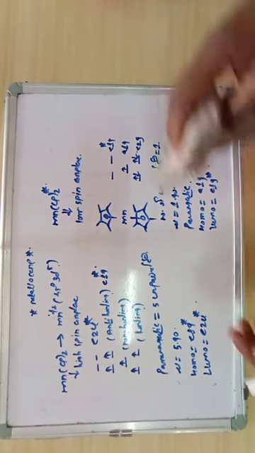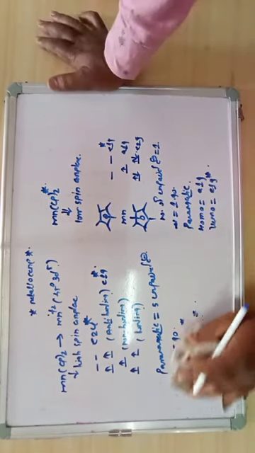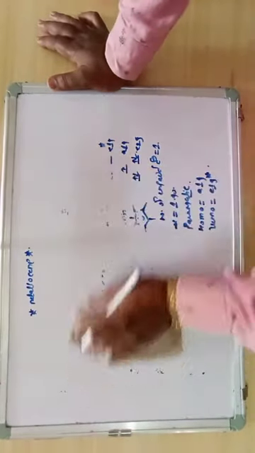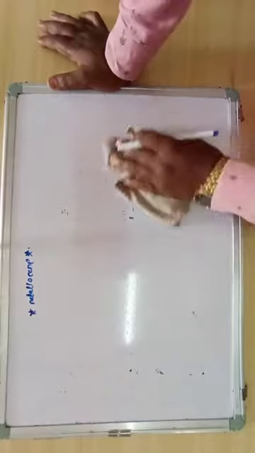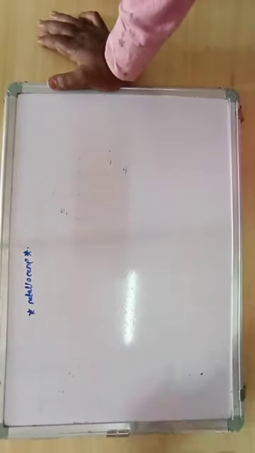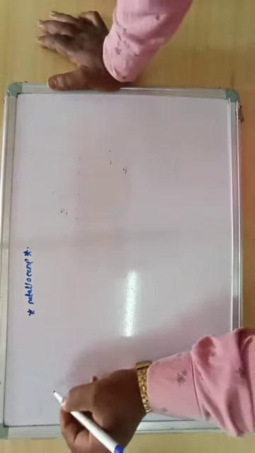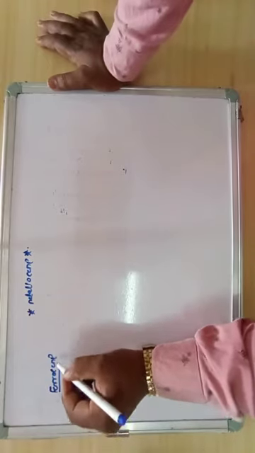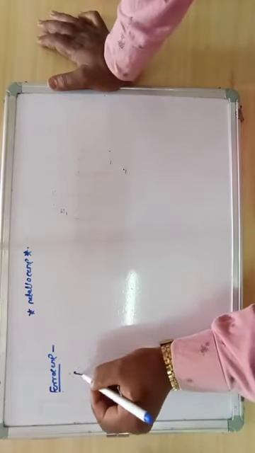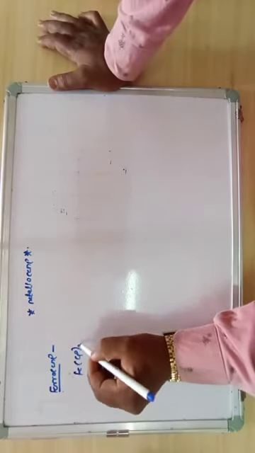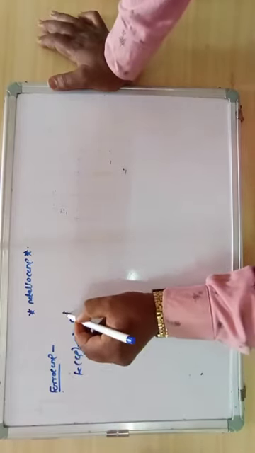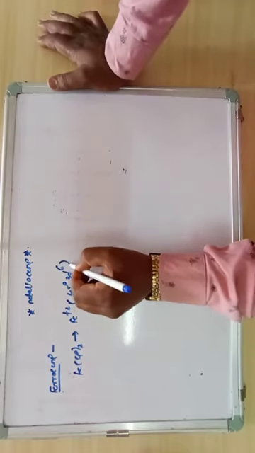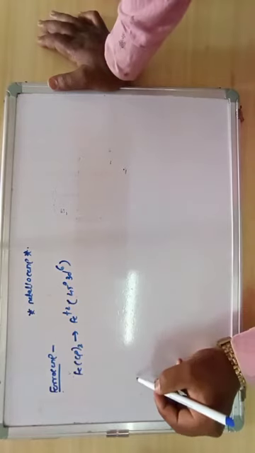So let us consider the next metallocene, that is ferrocene. We already discussed ferrocene, that is FeCp2. Again Fe is in +2 oxidation state, so 4s0 3d6. So a total of 6 electrons are there.